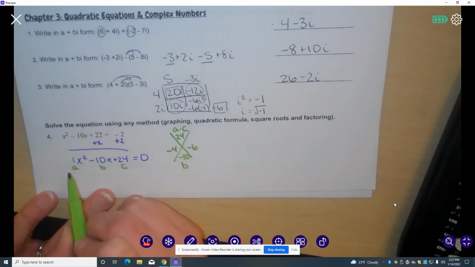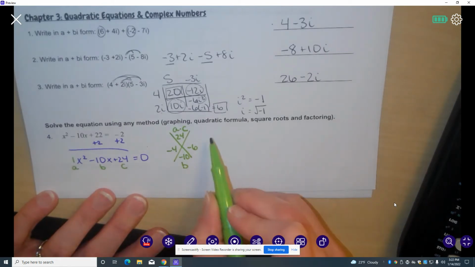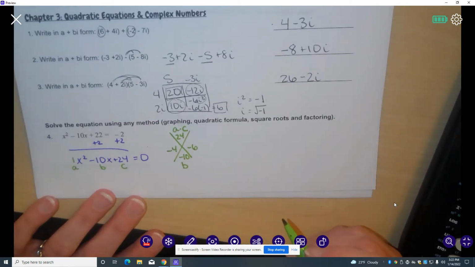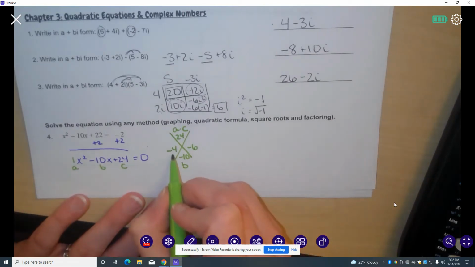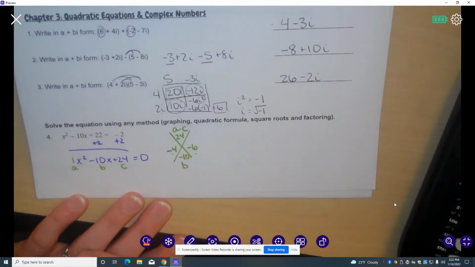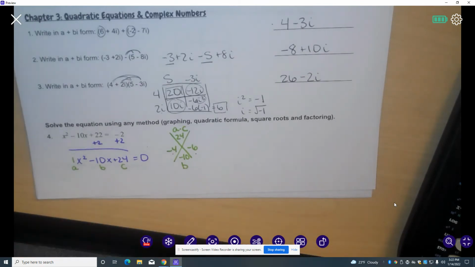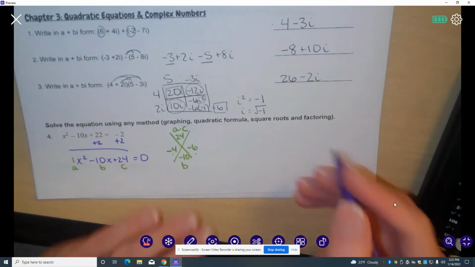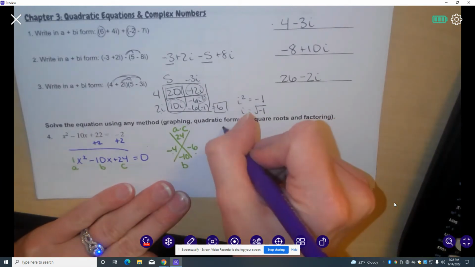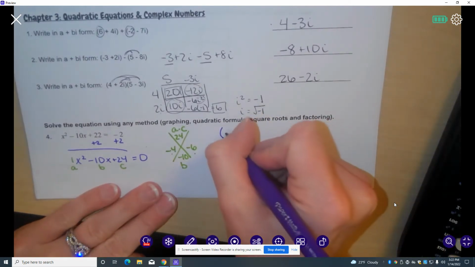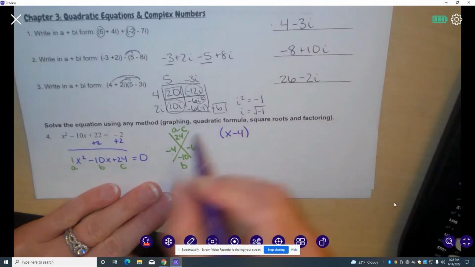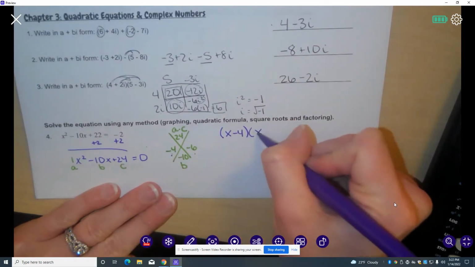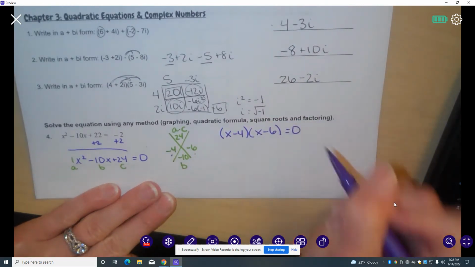Now, with factoring, remember, when A is 1, you do not have to set up the box part of the X box method. These numbers I can use directly to rewrite this in factored form. So I'm going to rewrite this equation in factored form as x minus 4 times x minus 6 equals 0.